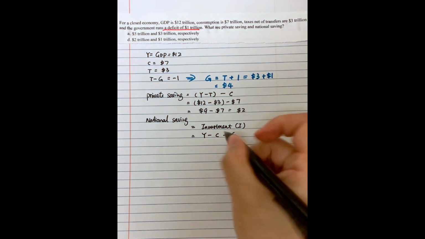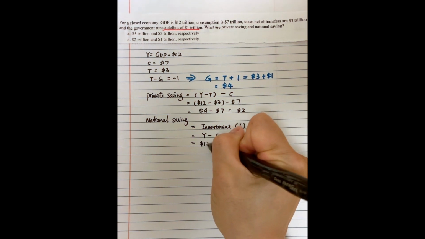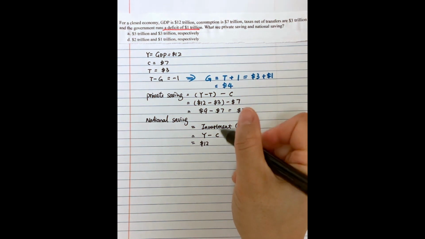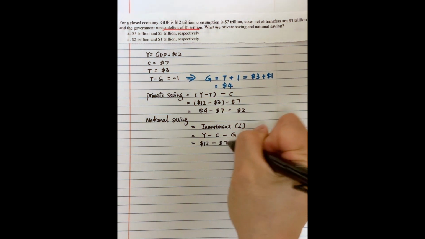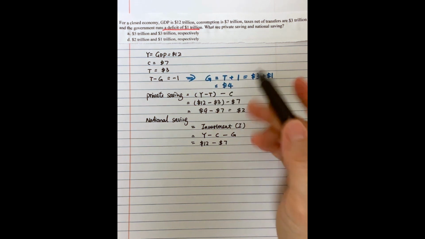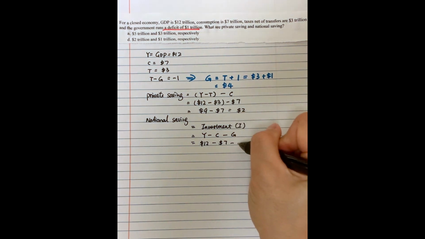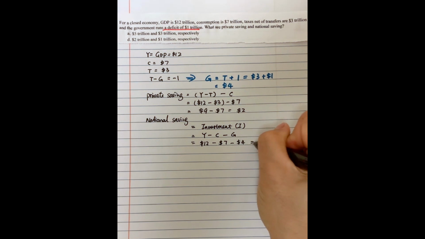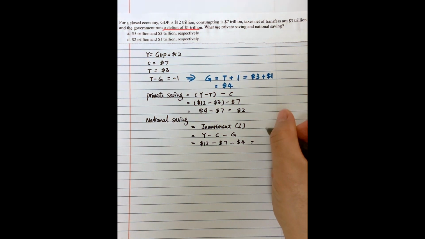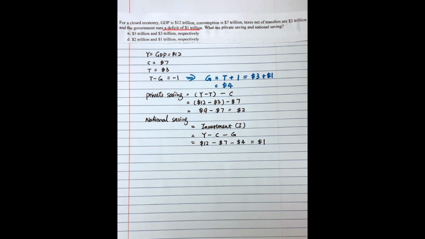So based on what we have, we will use $12 trillion as GDP, subtract $7 trillion from consumption, and the government purchase we just calculated equal to $4 trillion, and then that will give us the national saving equal to $1 trillion. So based on this, I think it's easy for us to compute the private saving and the national saving.